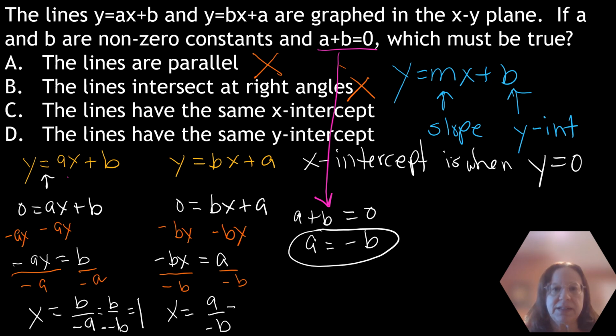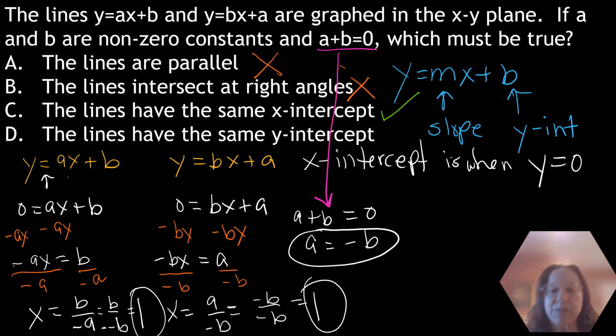Let's look at the second line. a over minus b is the same as minus b over minus b, because a equals minus b, and that equals 1 because, again, b is not 0. So they do have the same x-intercepts, and C is the answer.